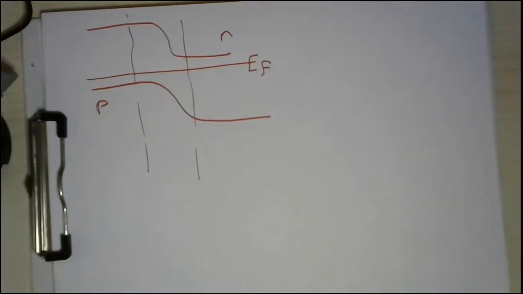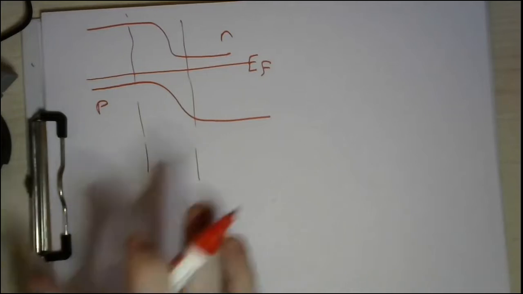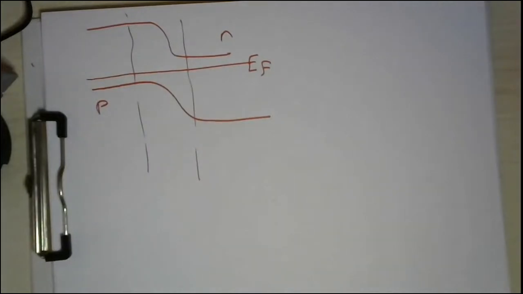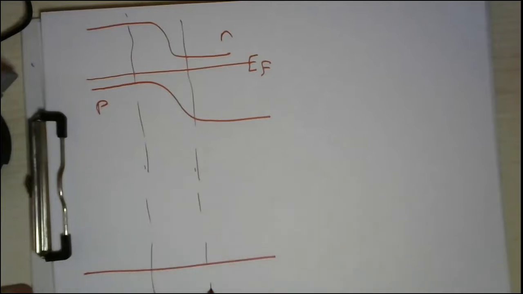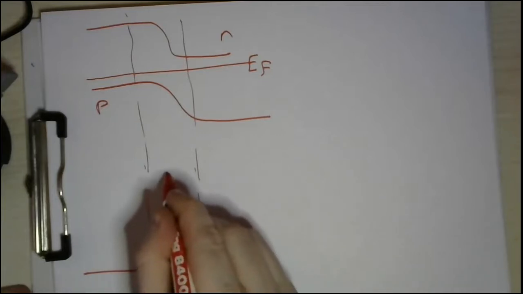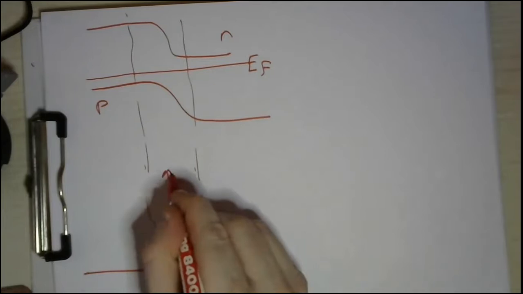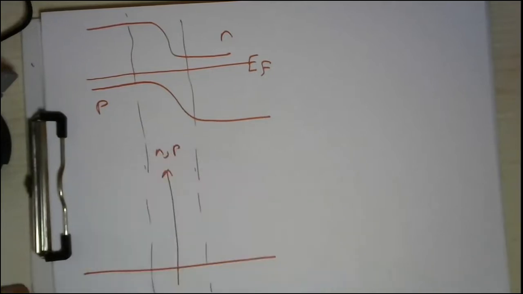If you remember, my dear students, whenever we plot this energy band diagram, we also plot what's called the carrier concentration. So here is the same axis, and here we are plotting N and P, the number of electrons and number of holes. It was very straightforward.